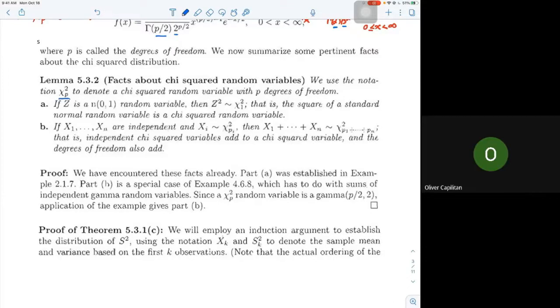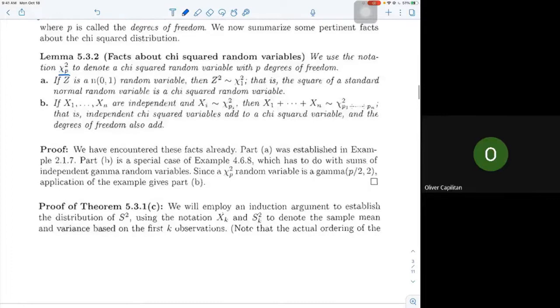This result, letter B, was also discussed in chapter 4. That's an application of theorem 4.6.7, in example 4.6.8, in which we used the moment generating function of a gamma.